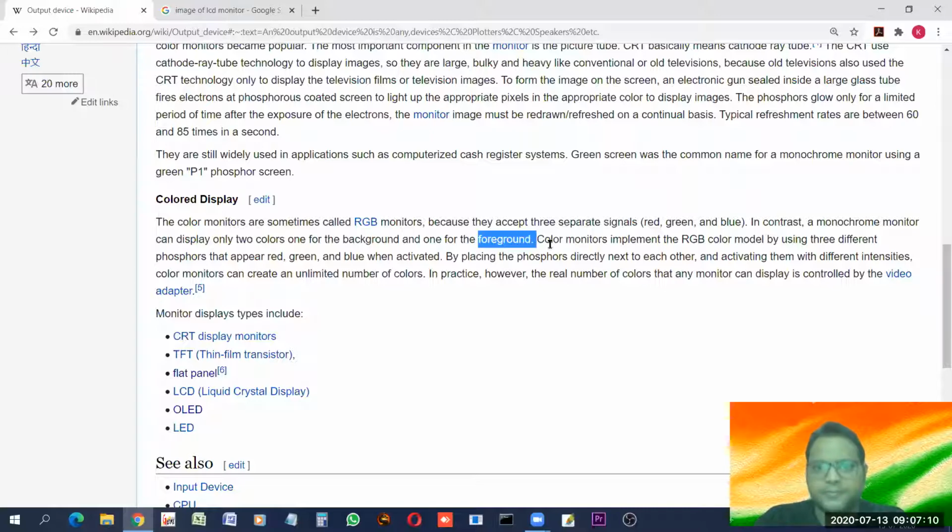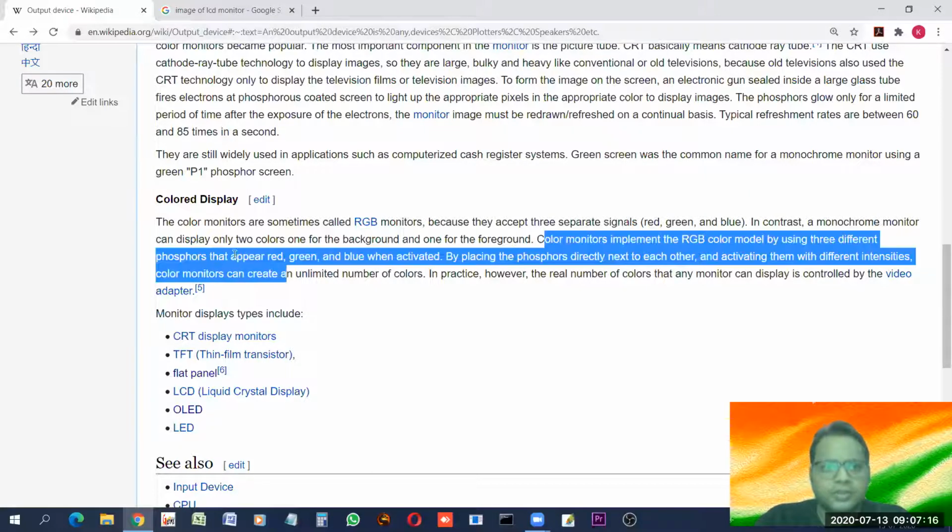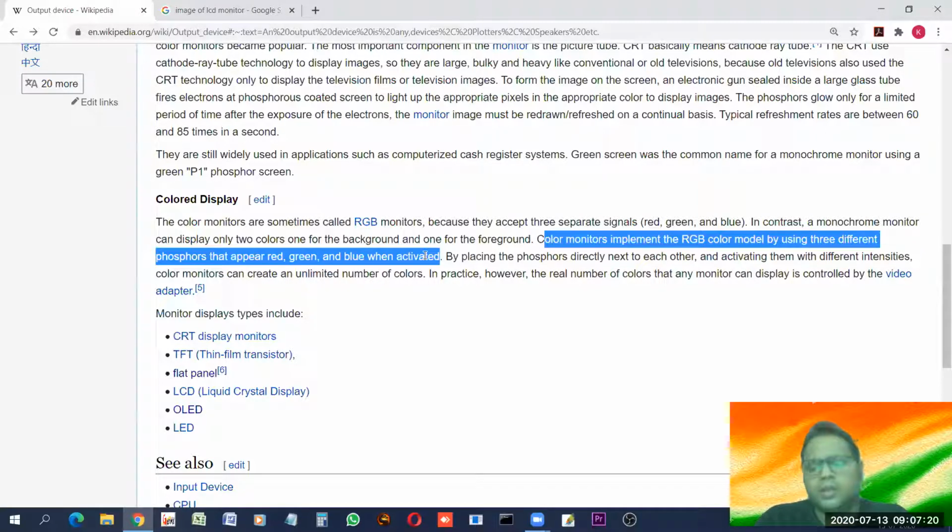A color monitor implements the RGB color model by using three different phosphors that appear red, green, and blue when activated. A different phosphor coating is there. A little complicated technology, but still you need to know this. As the electron beam falls on them, they illuminate with different colors, and by combining those colors in different ratios, we get various colors.